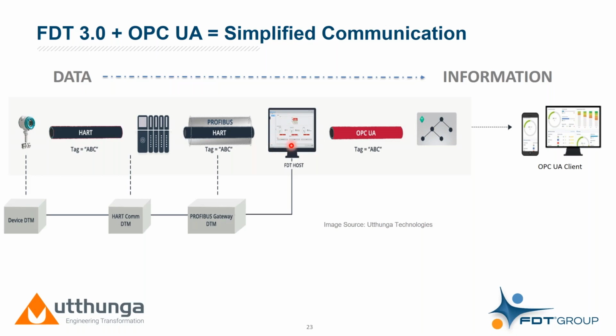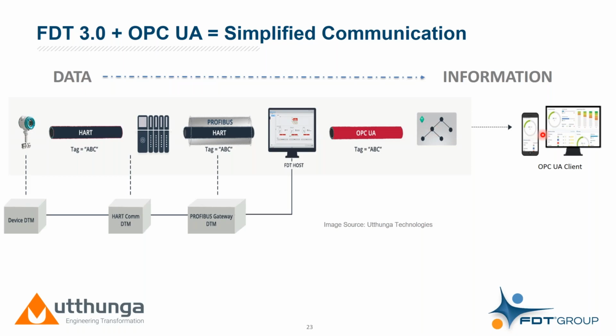FDT systems interpret this data using the Profibus gateway DTM and HART comm DTM, and are able to fetch the information read from this device. It exposes this information as an OPC UA node in the OPC UA address space, and any OPC UA client will be able to fetch it.